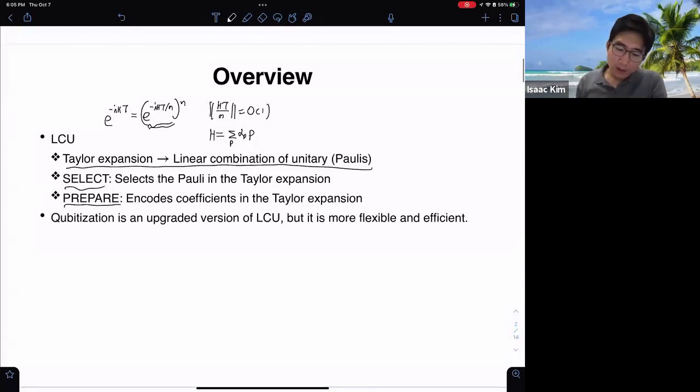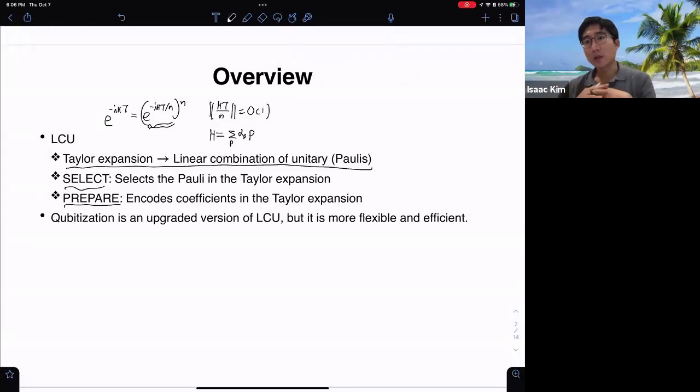Qubitization can be thought of, in a way, as an upgraded version of LCU. LCU does have some advantages that qubitization doesn't have. For example, it is straightforward to extend LCU when the Hamiltonian is time dependent.